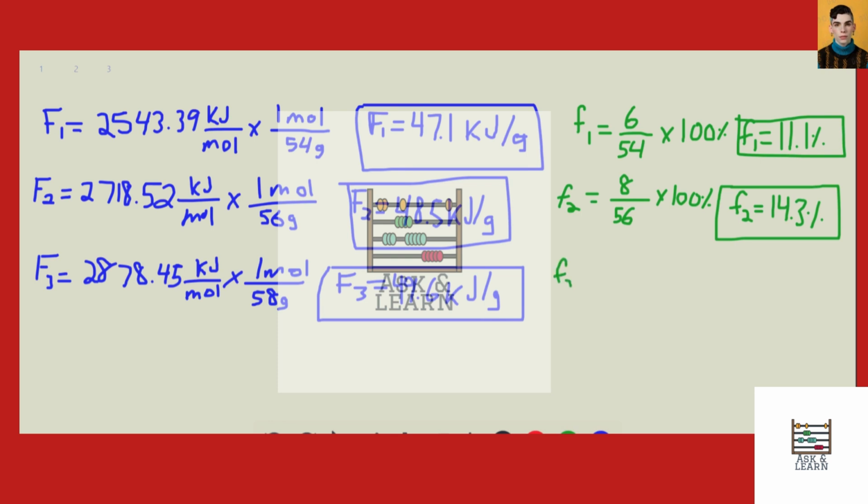Now F3 is going to be 10 divided by 58, which equals 17.2%.